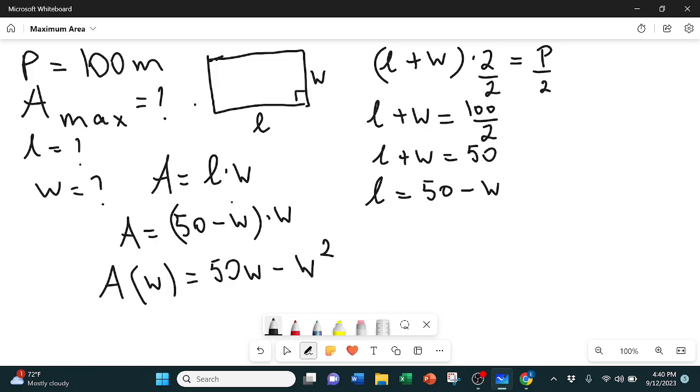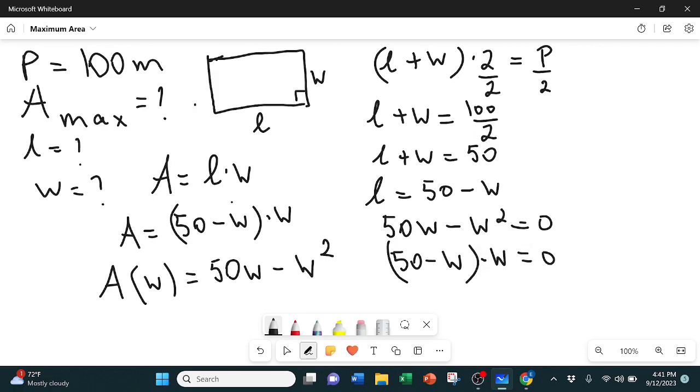Now, how are we going to find the maximum value of this function? This function, first of all, is a quadratic function, and we're going to first find the zeros of this function. So 50W minus W squared equals 0, or 50 minus W, times W, equals 0.